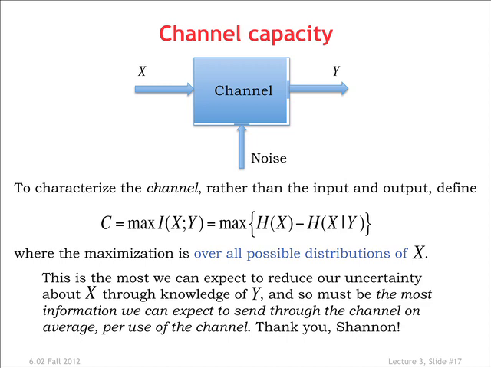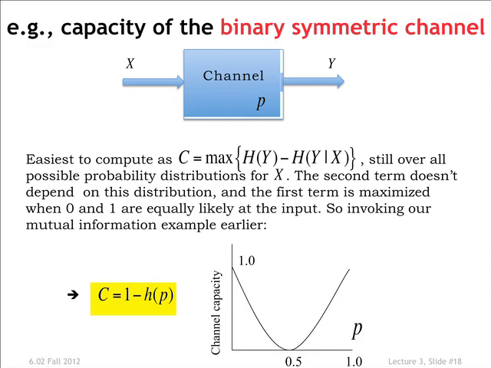If you go through that computation, you find that it's exactly the shape that we had before. For the binary symmetric channel, the channel capacity is exactly this curve. Okay, so that gives us an idea of the maximum information that you could be transmitting across the channel.